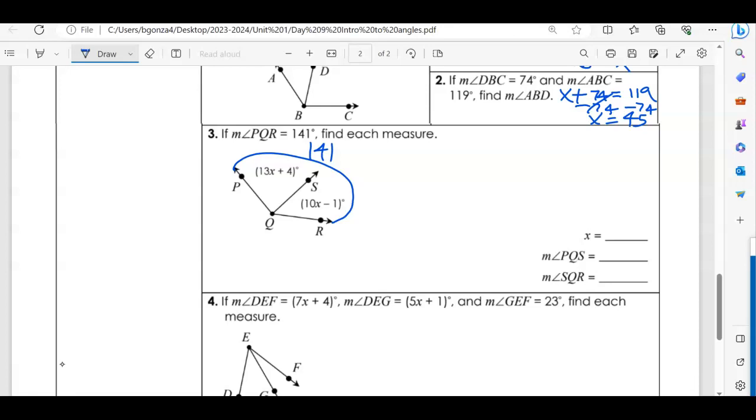Okay? Let's set it up. The left part is 13x plus 4, plus the right part, 10x minus 1, equals the whole thing, 141.